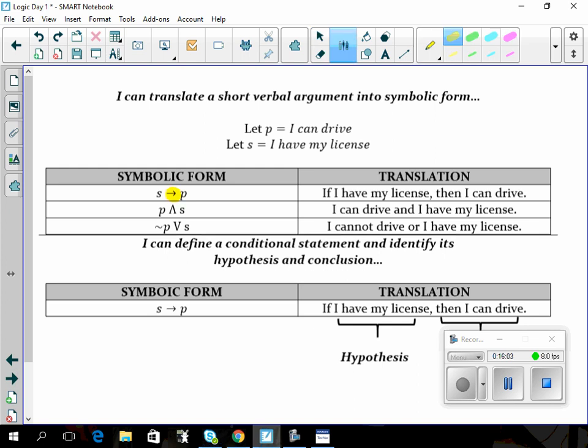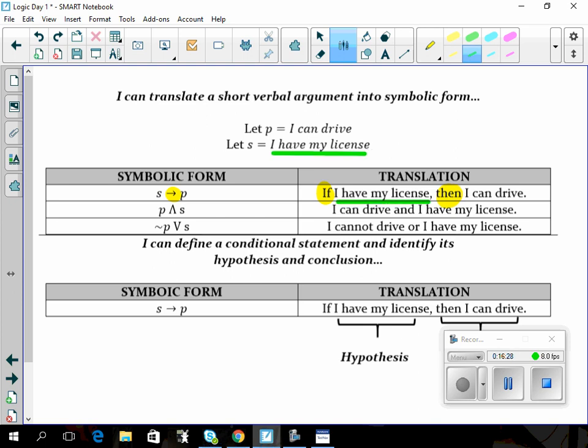But this symbol here is because of the if-then. The arrow in between is the if-then. Notice the order of the letters, the S and the P. Notice it starts with S, which means I have to start with, I have my license.